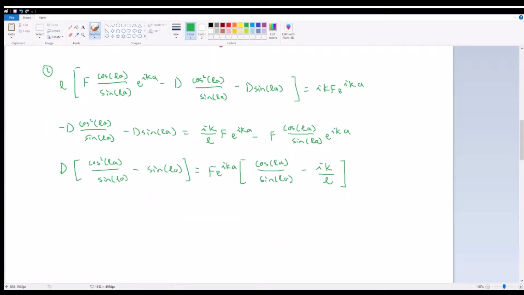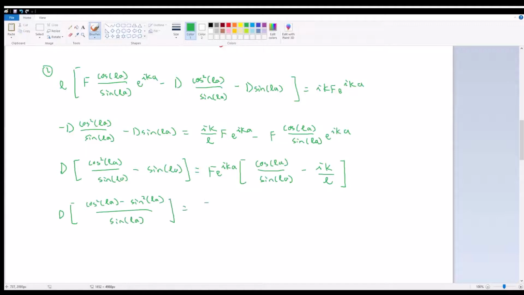And from this point, I want to combine a few terms. So I can say this can be equal to cosine squared LA minus sine squared LA over sine LA.